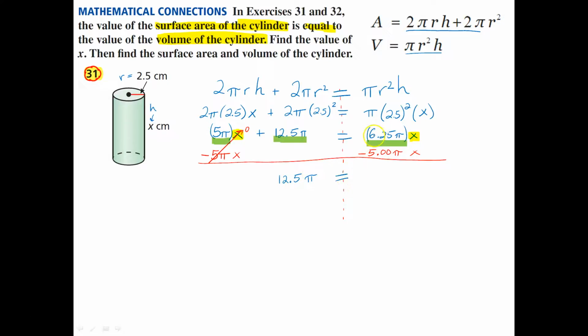And on the right, 6.25 pi minus 5 pi is 1.25 pi times x. And so what operation is happening to x? It's being multiplied by 1.25 pi. So the inverse operation would be to divide by 1.25 pi.